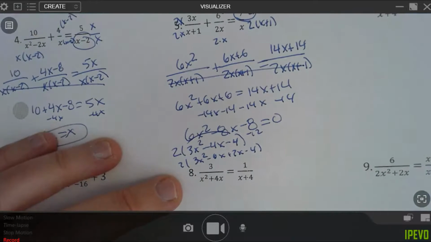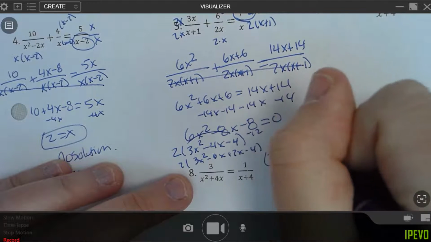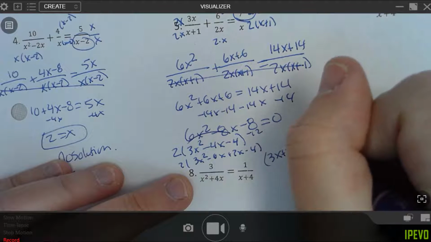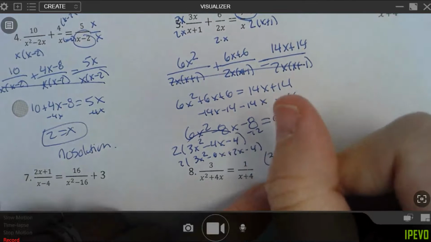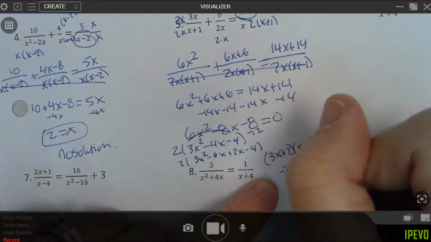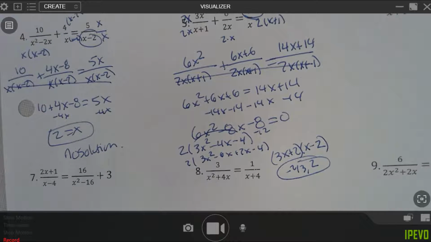All right, so this pulls out a 3x and a 2, and leaves us with an x minus 2. So my zeros would give me -2/3 and 2. Neither one of them makes 0, so they're both solutions.